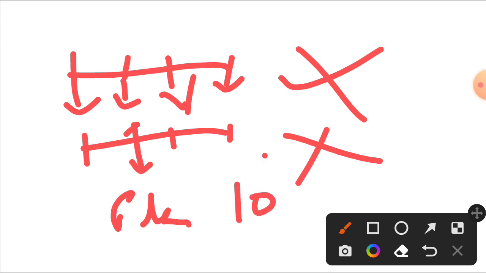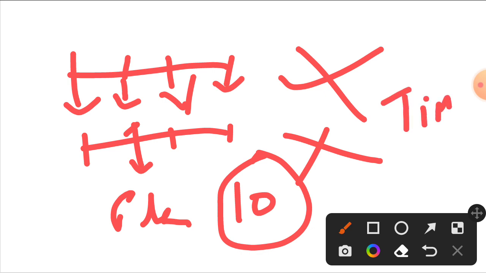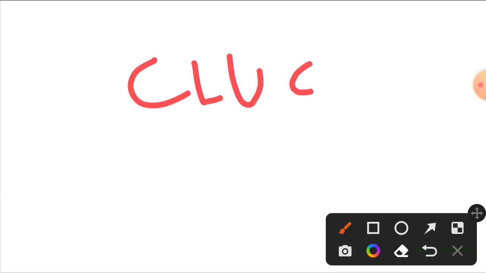So I lost 10 questions with 2 puzzles, and I also lost time here. If I had time, I could have done this because it was doable, but as I said, the clues were tricky. This was the main part. The clues were tricky, hence for the further batches, please keep this in mind. The clues will be tricky, but if you do it calmly and coolly, then you can solve it.